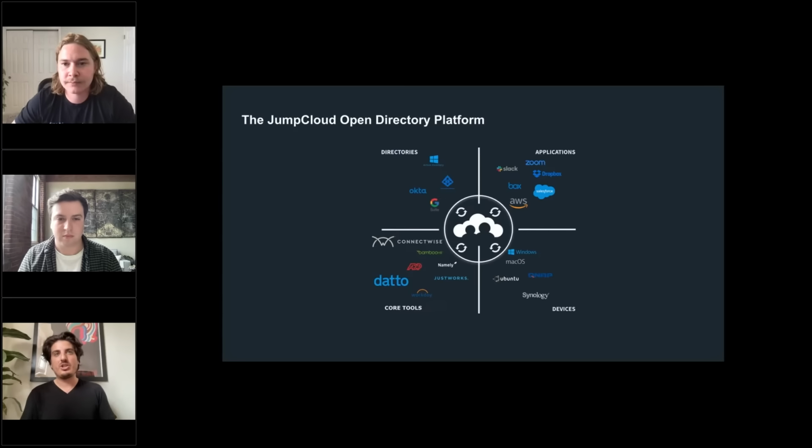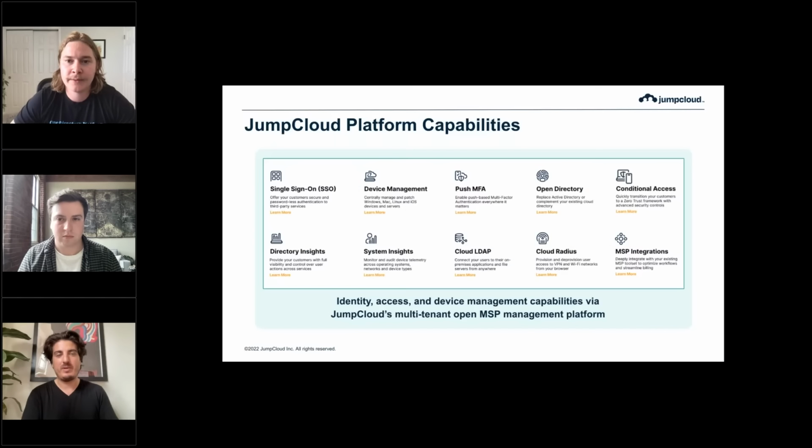So JumpCloud sits at the center of your stack, connects to the existing things in place, and allows you to provide your customers with seamless and secure access by centralizing identity, access, and device management capabilities under one roof without forcing you to replace anything that you already have in place.